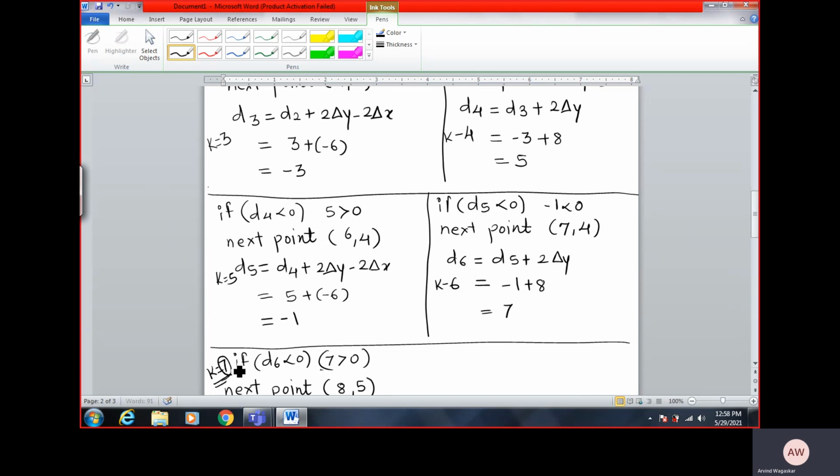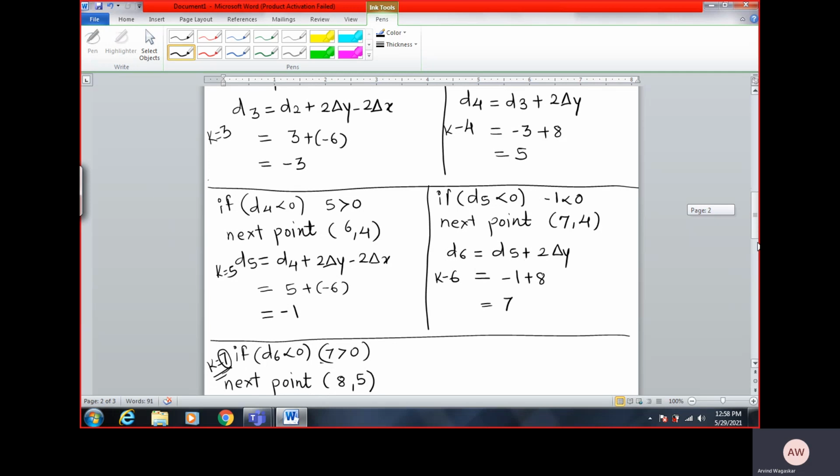So now the value of k becomes 7, so we have to stop.